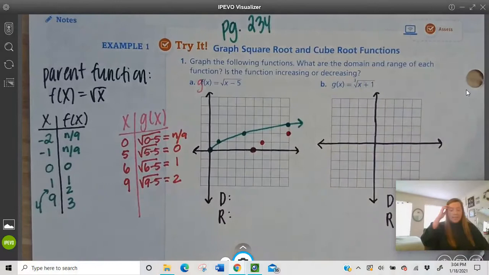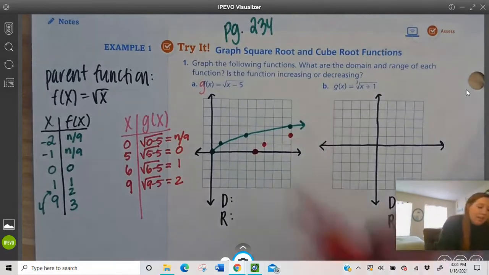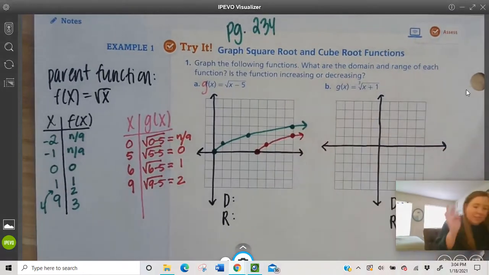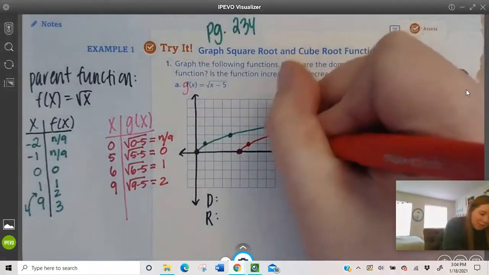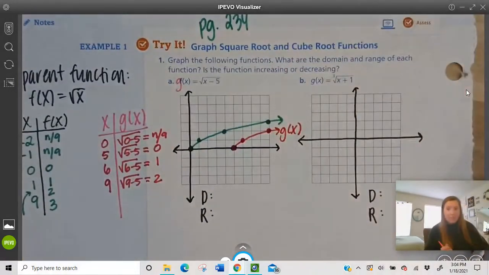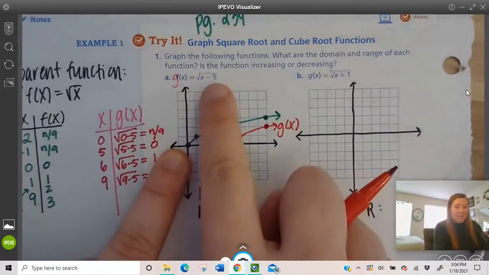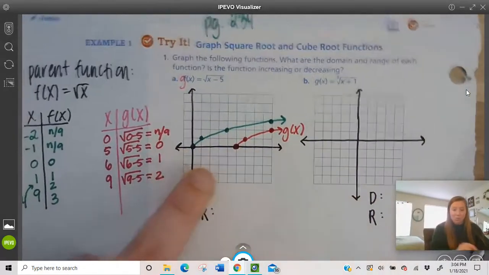I'll talk about graphing and transforming functions more in our second example. This is just our new function here, g of x. And maybe we can see what that -5 did. How did it move our function?